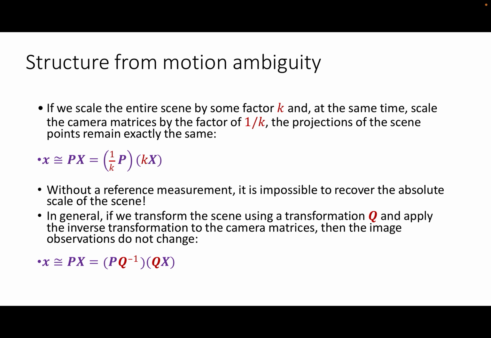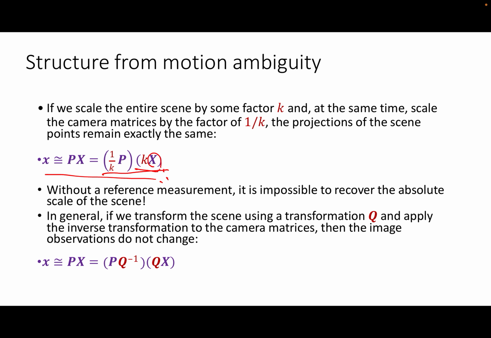As I said, we have scale ambiguity. This shows the scale ambiguity. As we do not have any 3D measurement, if we scale the entire scene by some factor k, and at the same time scale the camera matrices by the factor of 1 divided by k, the projection of the scene point remains exactly the same. Mathematically, X is the entire scene.